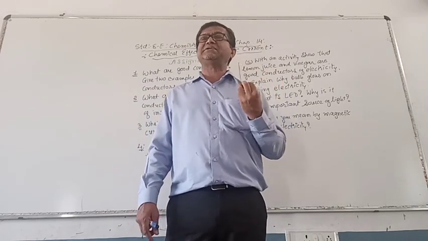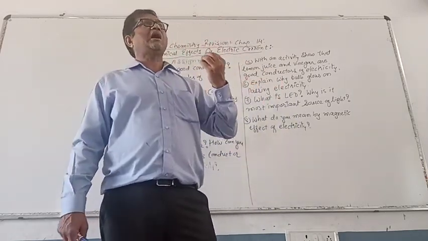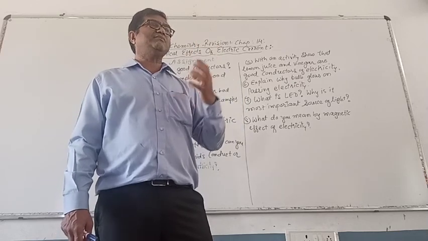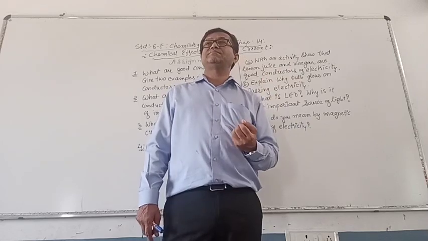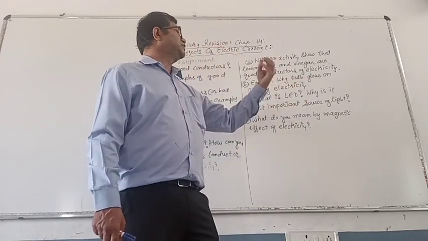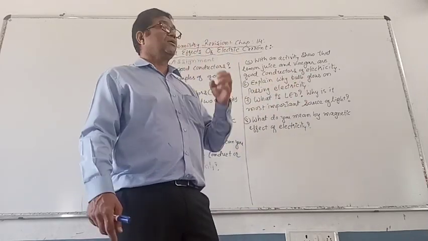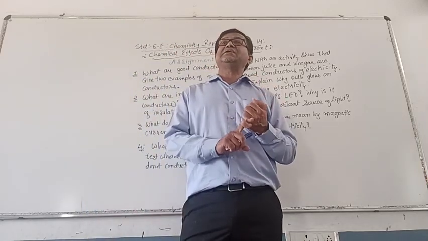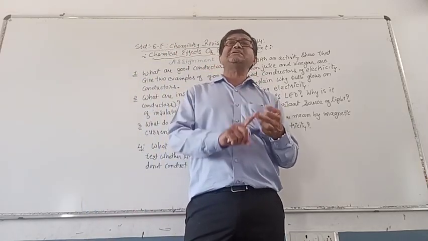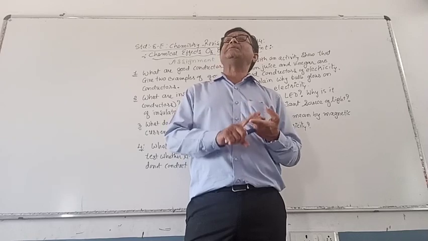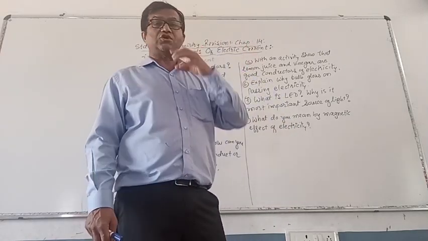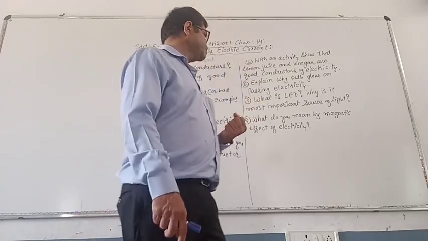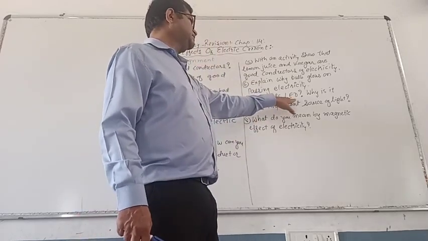The tungsten metal reaches a high temperature, and because of the high temperature it starts glowing and the bulb glows. So that is the reason why when we pass the electricity, the bulb glows, and it works on the heating effect of electricity.